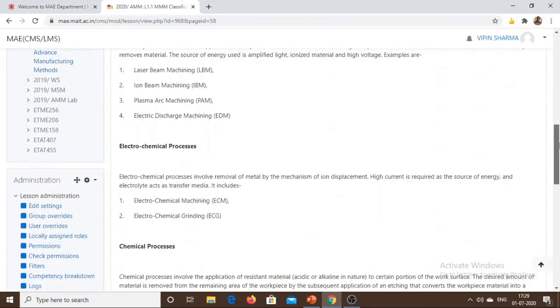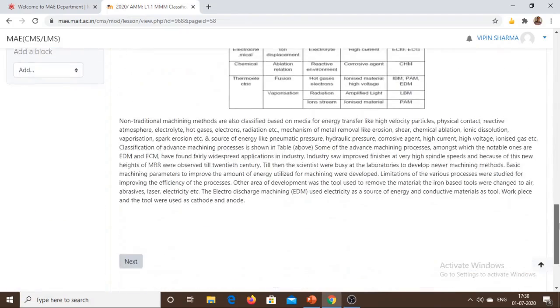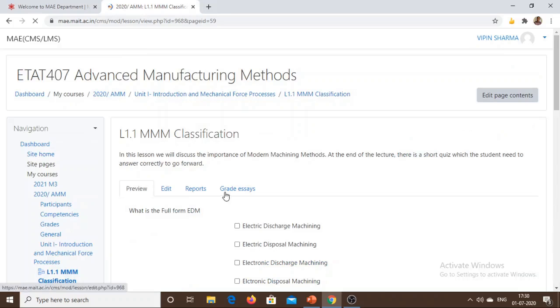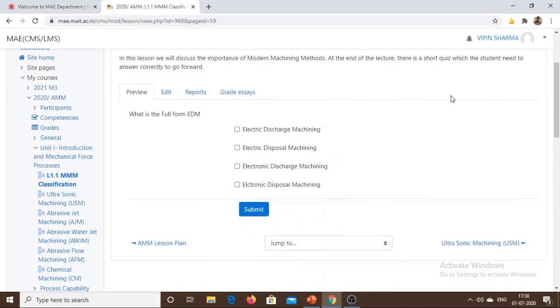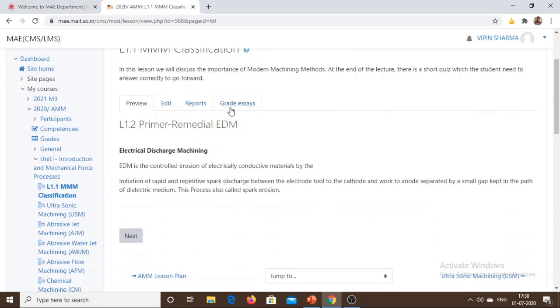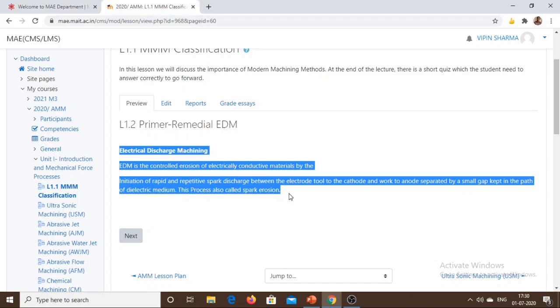The student will go through this content, study it, and hit the next button. Then a question will come: what is the full form of EDM? The first option is electric discharge machining. For example, if the student marks electronic discharge machining, which is a wrong answer, then the student will be taken to the remedial class where he or she needs to do some extra reading.